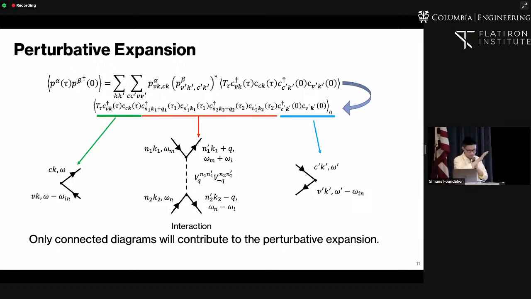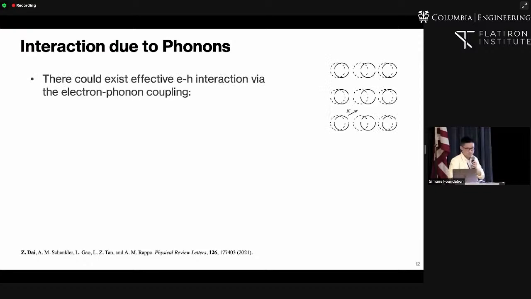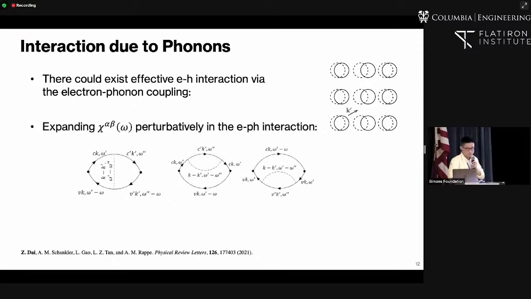Now we can move on to more specific scenarios. First, we consider the scattering from the electron-phonon coupling. As I said, we will only care about the lowest order contribution, which for phonons is the second order interaction. And I think Feliciano talked about this on Wednesday: the first order electron-phonon coupling will vanish.